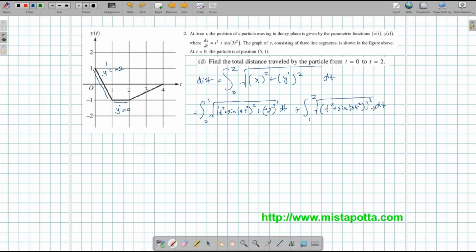Again, because my y prime is 0 on here, that's missing. And so I'm going to need to evaluate this on my calculator, and calculating it out, I get 4.349. So that's our calculator section. That's problems 1 and 2.